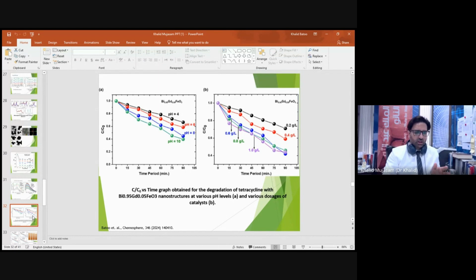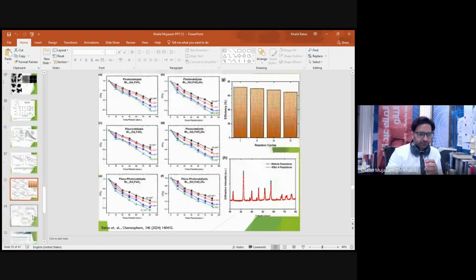When you see this versus the pH level, we tried to see how the pH level of this material affects the performance and the absorption of the dyes. We had tetracycline as a dye, and we saw that the highest absorption was achieved at a pH level of 10.